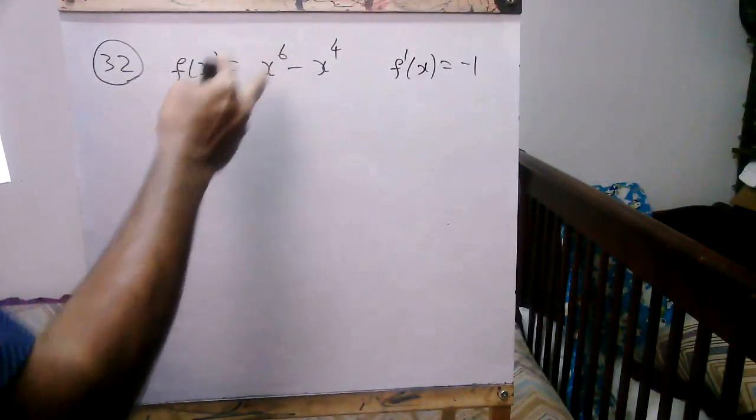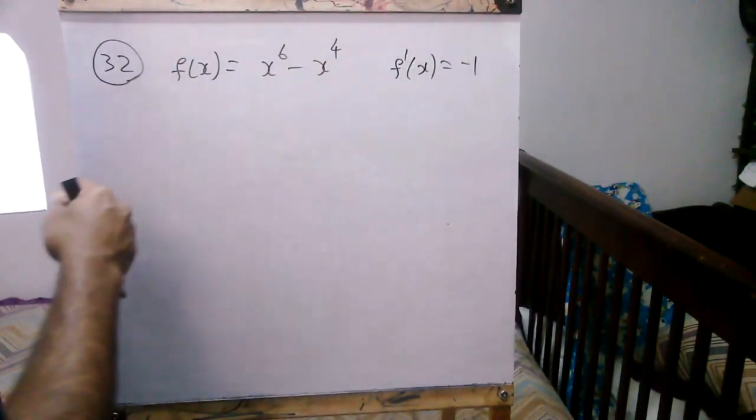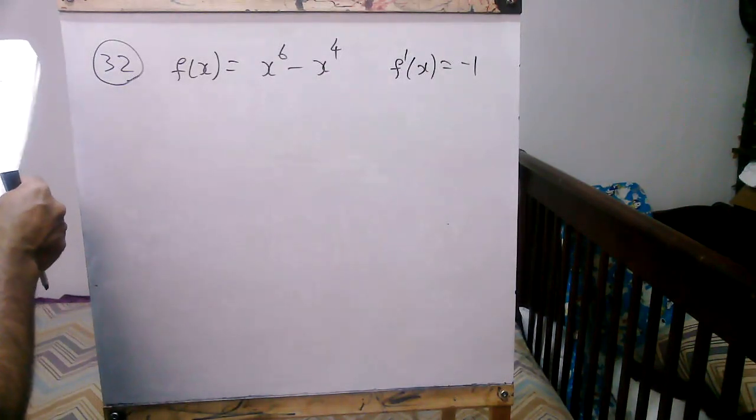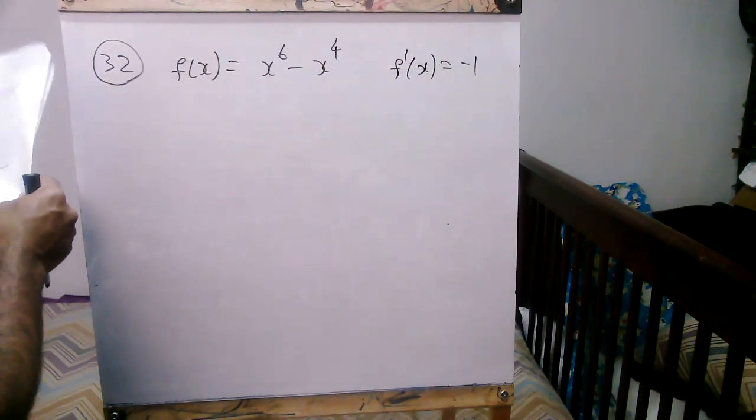So find f dash and set it equal to negative 1 and find x.